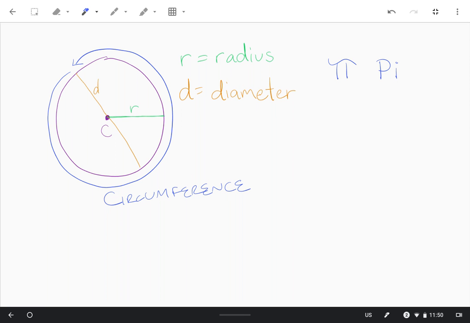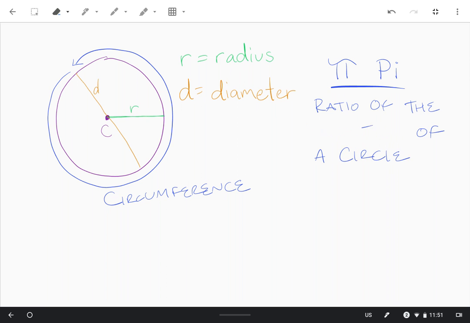Pi is a way of talking about the relationship between the circumference and the diameter of a circle.